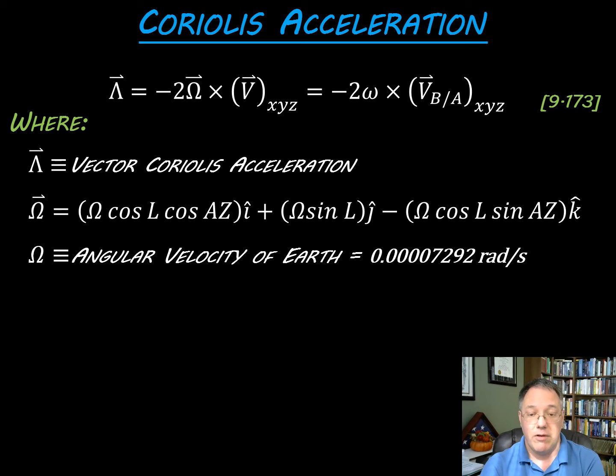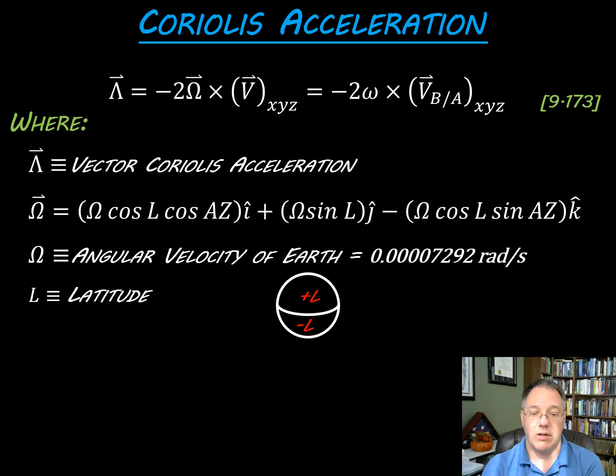If we use a different value, we could be on a different, roughly spherical body. If we were on another planet, we would have a different constant to plug in here based on its rotation. But here on Earth, the value is given on the screen. L is the latitude that we are at: how far north or south of the equator are we?